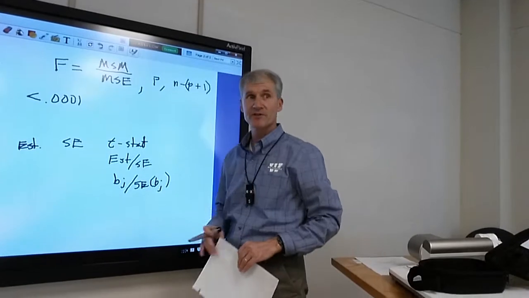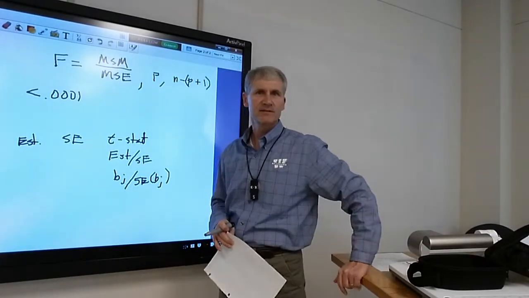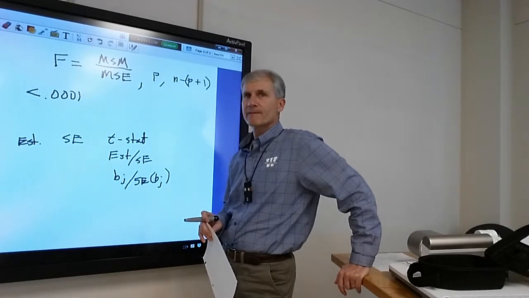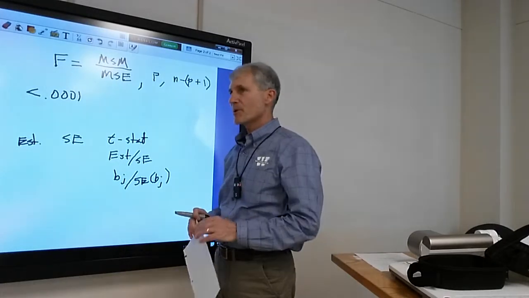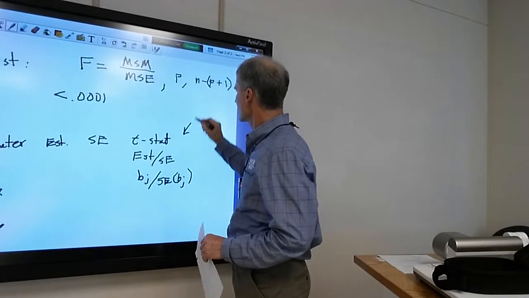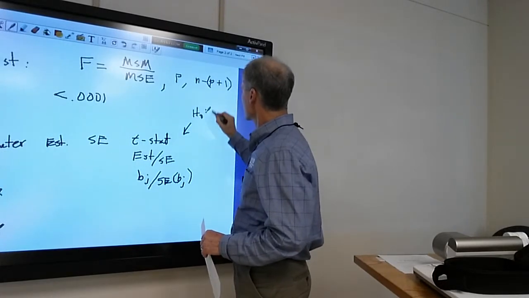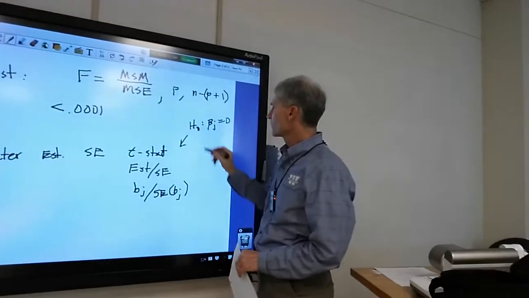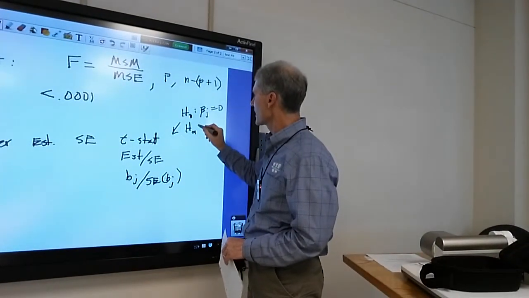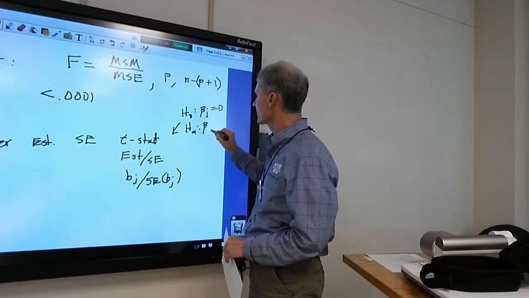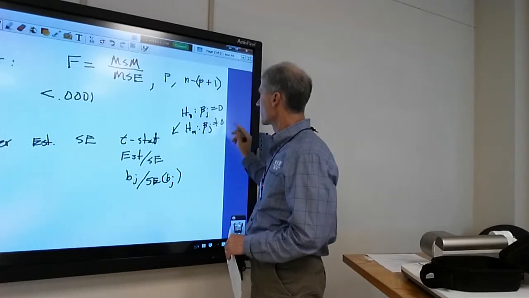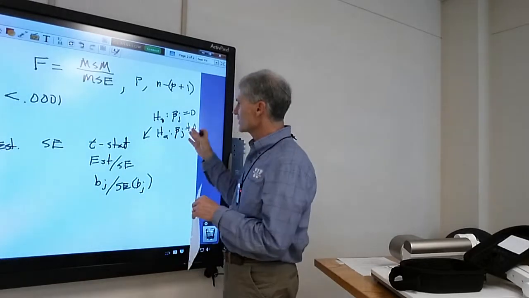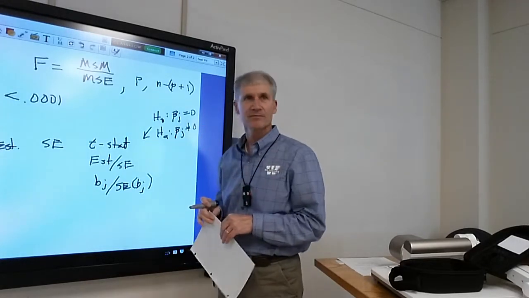The null hypothesis is that beta j equals 0. The alternative is that it's not equal to 0. They're all two-tailed tests. If you want to do a one-tailed test, you can, but you have to form it yourself. Basically, you just cut the p-value in half.